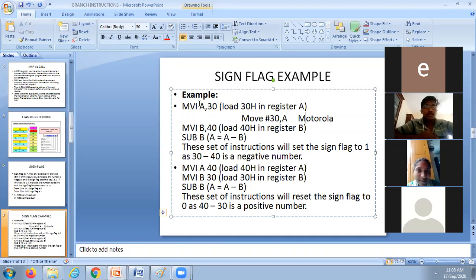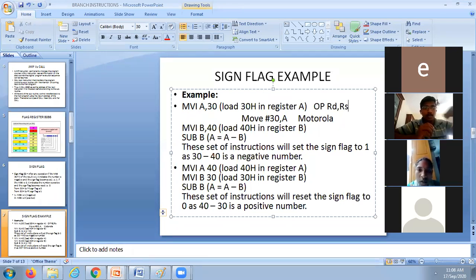But the above one, MVI A, comma 30. Here, is A the source operand or the destination operand? Yes, A is the destination operand, 30 is the source operand. So here the format is opcode followed by destination followed by source.